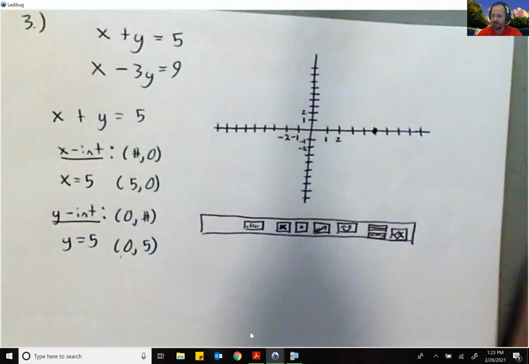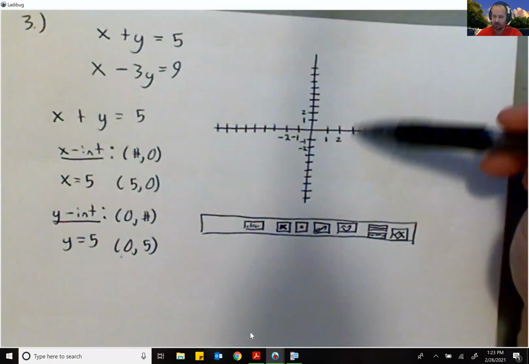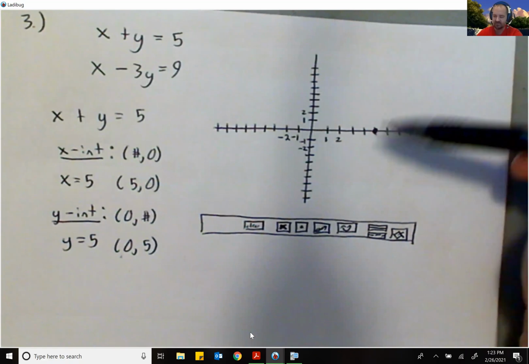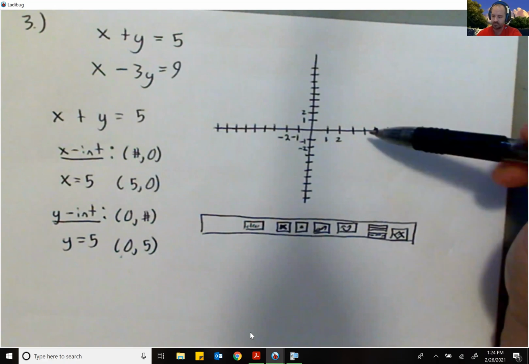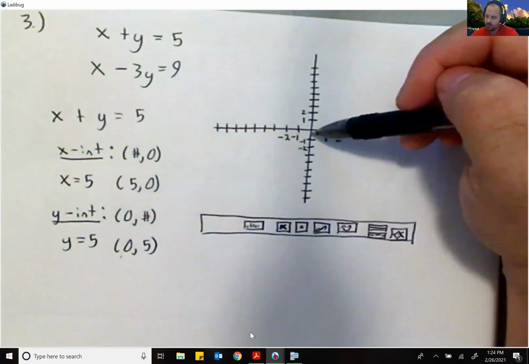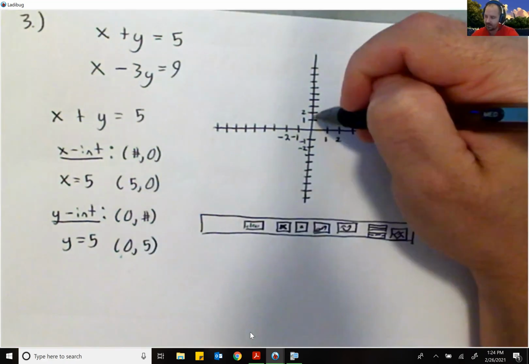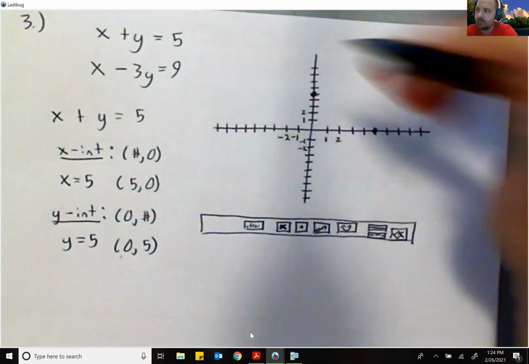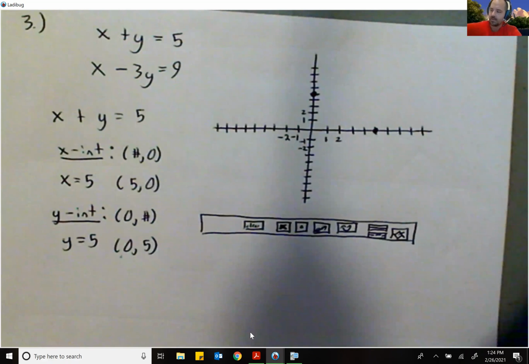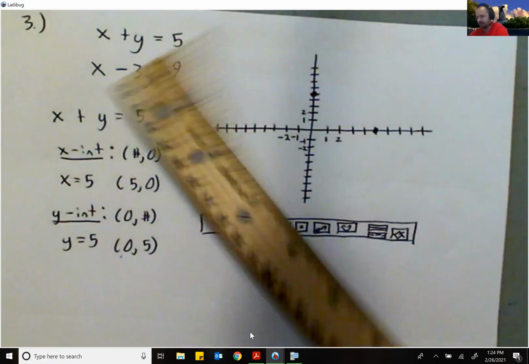And remember that once I move my cursor away after I click there, my line is formed. I just have to click the second point, so I'll go to 0, comma, 5, and click it. My line becomes solid once you click that second point.